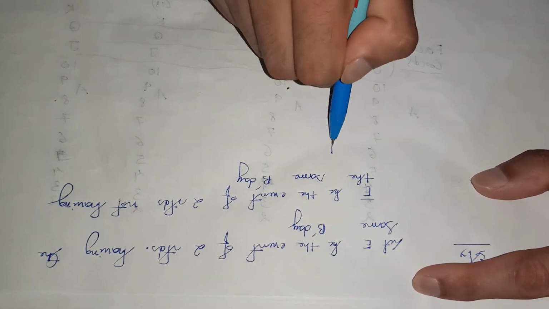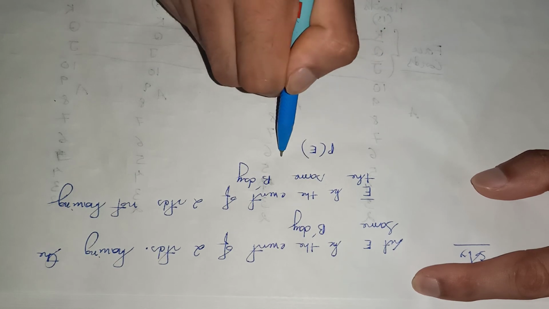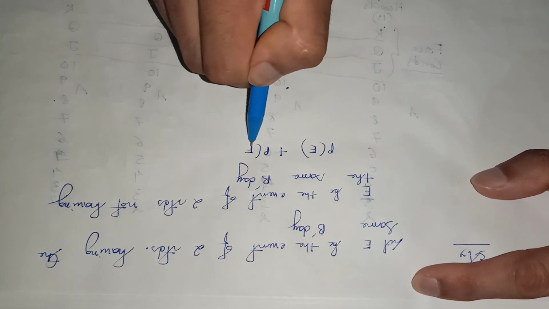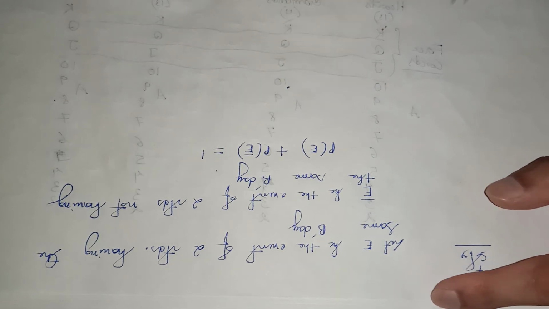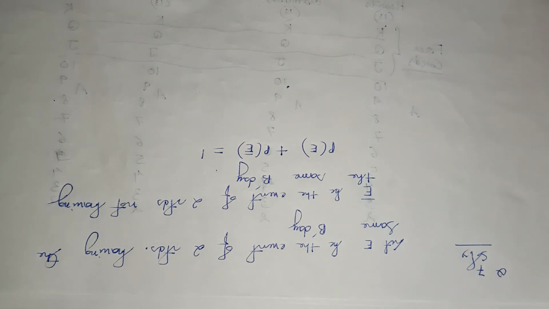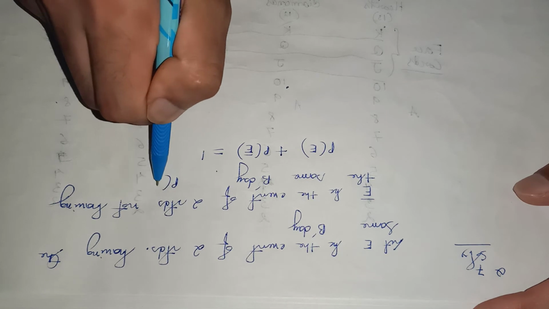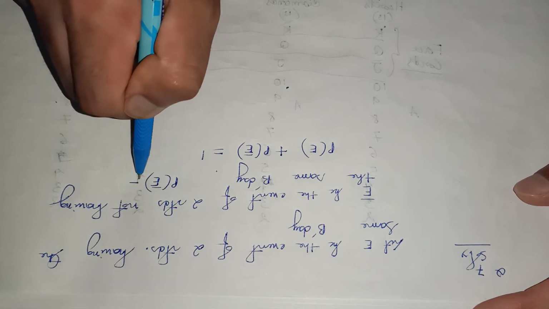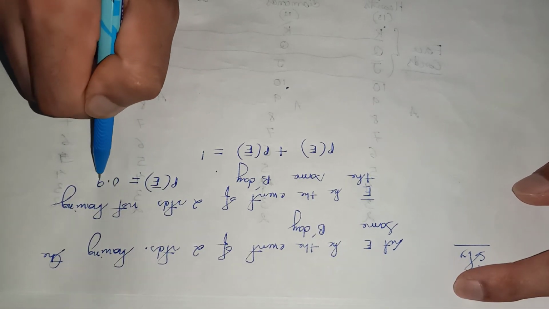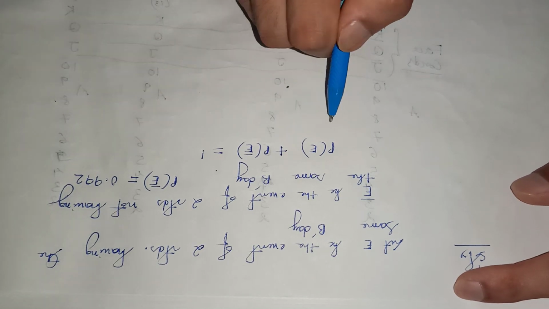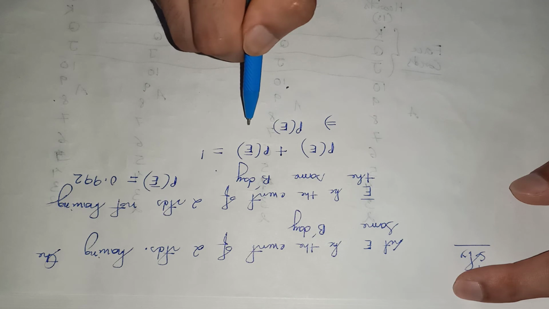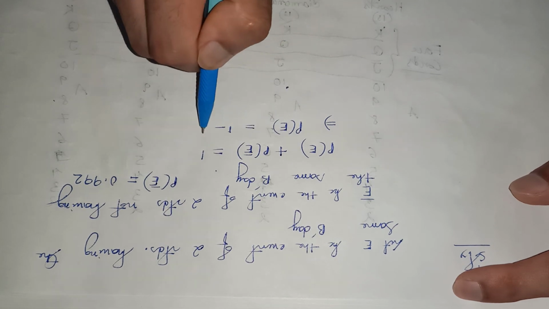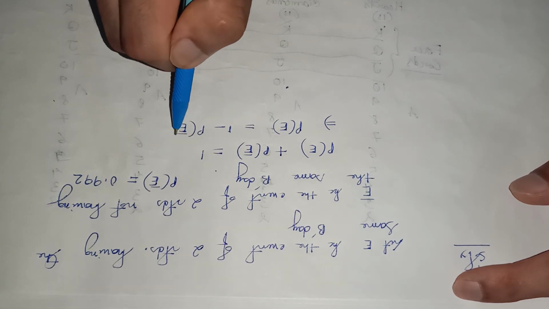Now we know that the probability of an event plus the probability of its opposite event or not event is 1. Now the probability of two students not having the same birthday is given. It's given that P of not E is 0.992. So the probability of event E, having the same birthday, will be 1 minus P of E complement.